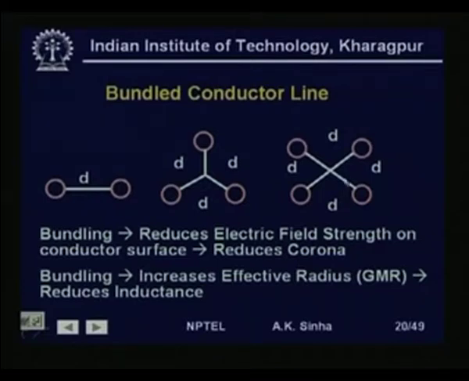In fact, the higher the voltage, the larger the number of subconductors we use in a bundle. This reduces the electric field strength considerably, and therefore, it reduces the corona discharge and corona losses and the associated radio interference and audible noise with it.